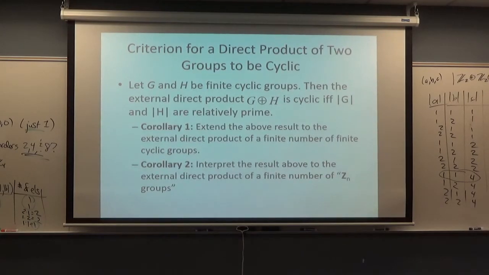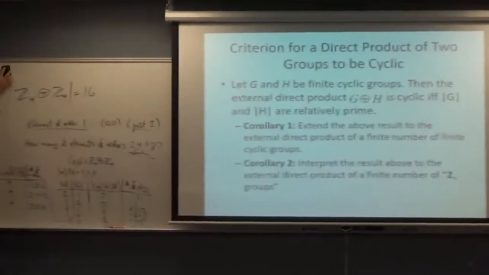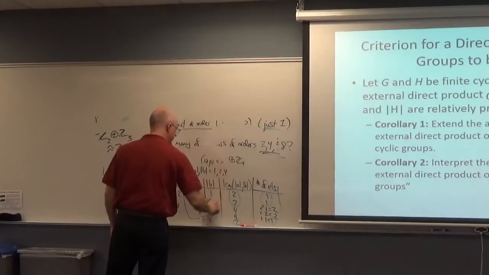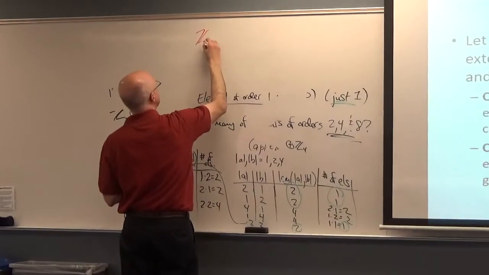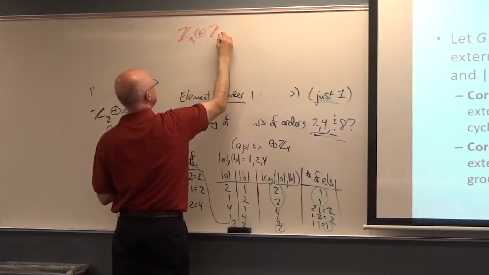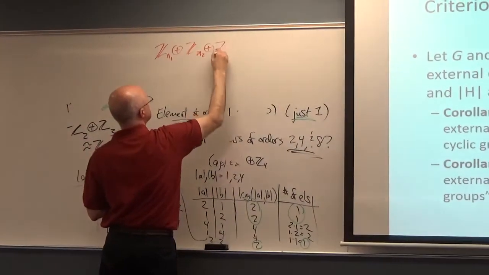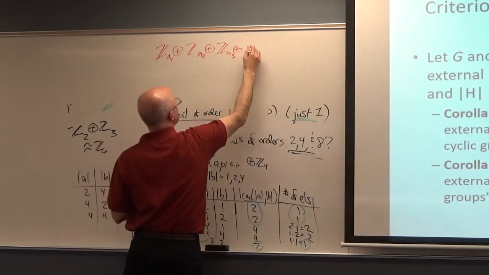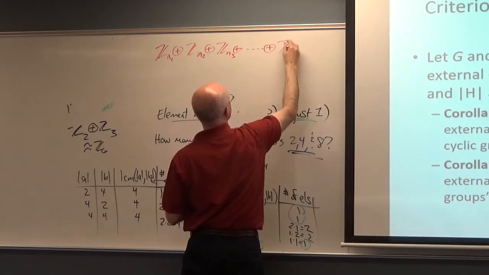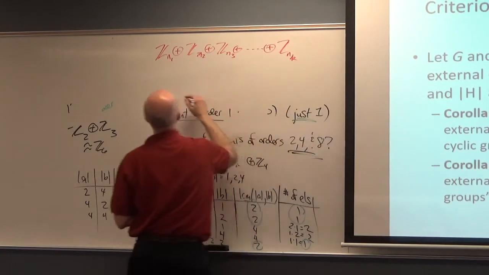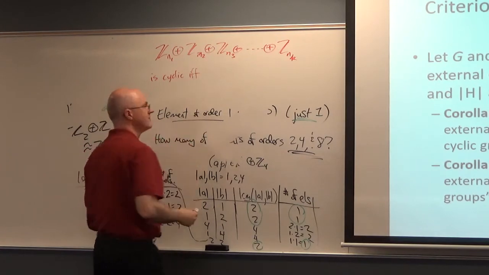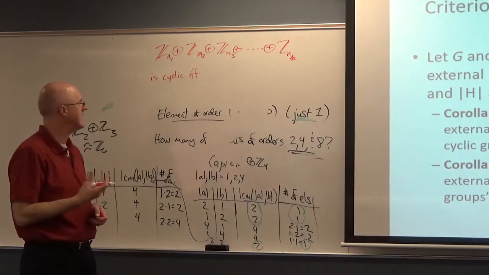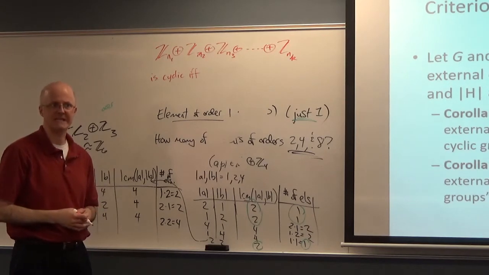Corollary 2 is you can interpret this in terms of the Z's. You can say, for example, the external direct product of, say, Zn1 with Zn2 with Zn3, etc., up to Znk, is cyclic if and only if, well, we should be a little careful here, each pair of orders is relatively prime.